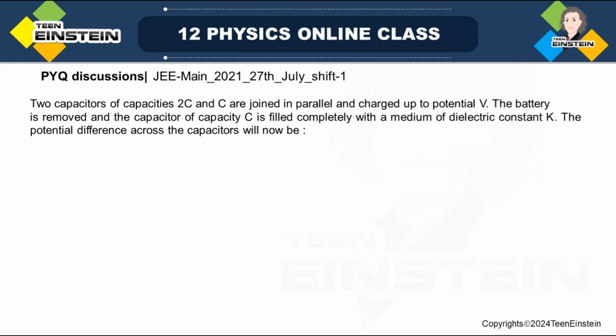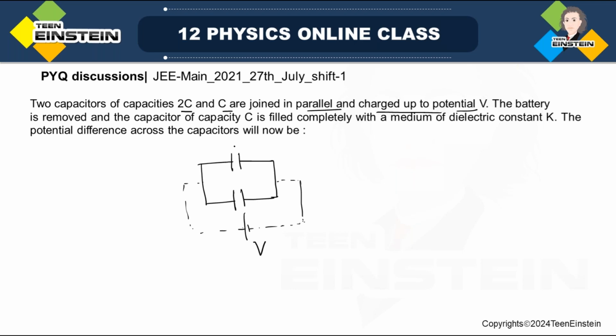This is also from capacitors. This question says two capacitors of capacitance 2C and C are joined in parallel and charged up to potential V. That means there are two capacitors joined in parallel and then charged with a battery V. They are fully charged.